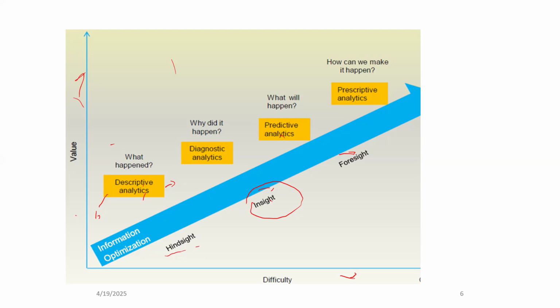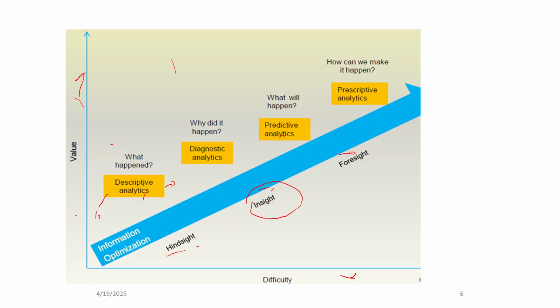Before data analysis, you had to go to the lab, combine different chemicals and see the outcome, combine this one and see the outcome. But now with prescriptive analytics and huge data from past experiments, you can do a lot of random combinations and then come up with, okay, if you want these characteristics, these are the inputs you have to provide to the system.